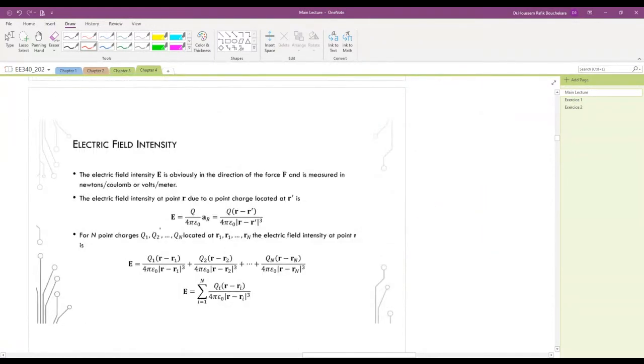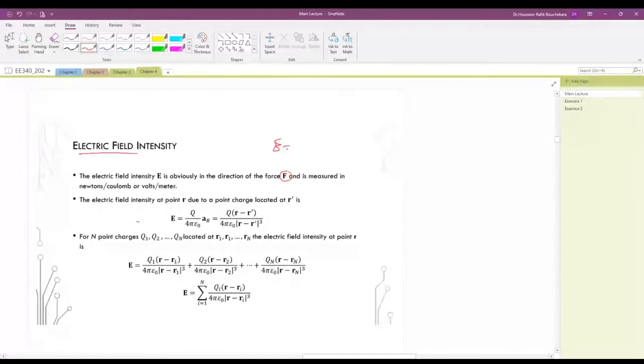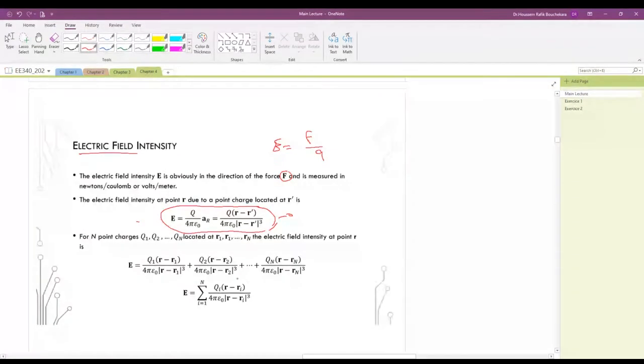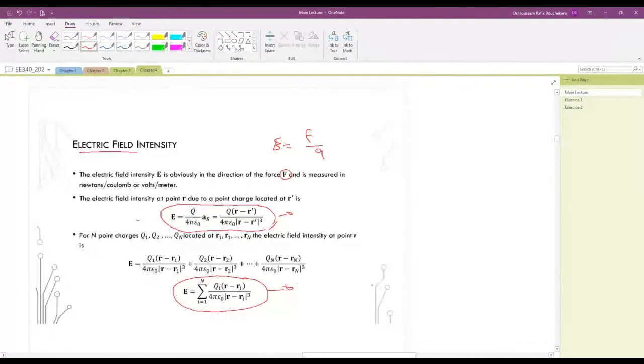So what is the expression now of the electric field intensity? As we saw with the expression of the force, we said that E is the force divided by Q, so we obtain the expression of the electric field intensity. Okay, clear, guys? This is for one charge, and if we have multiple charges, we use the superposition principle.